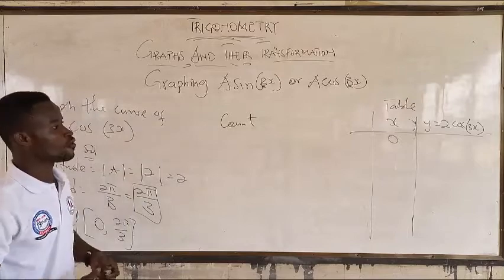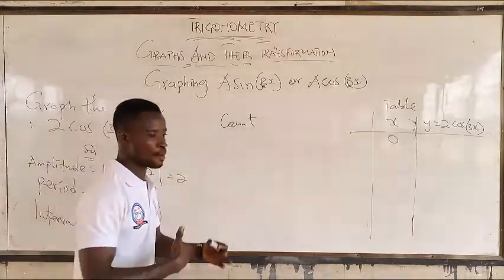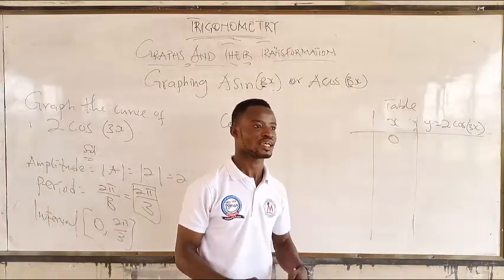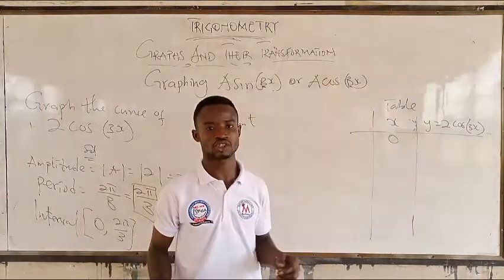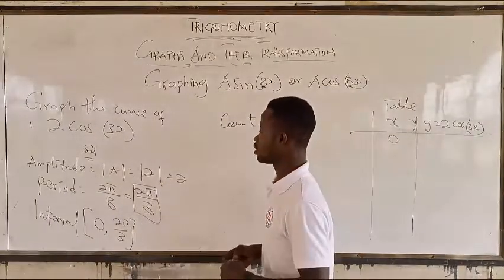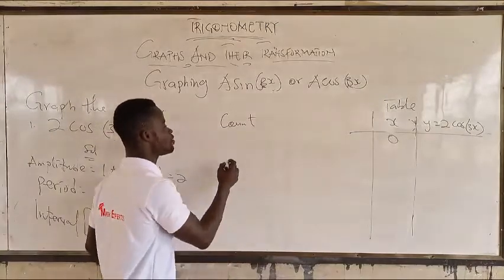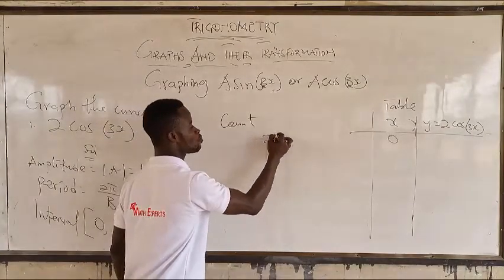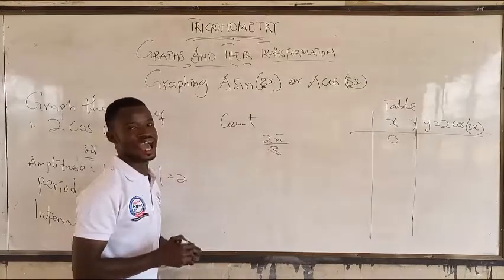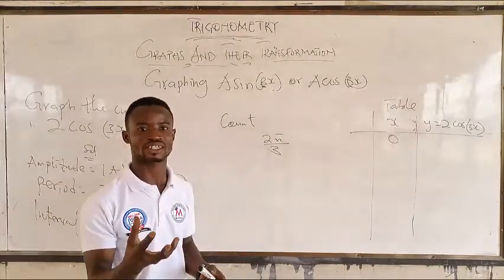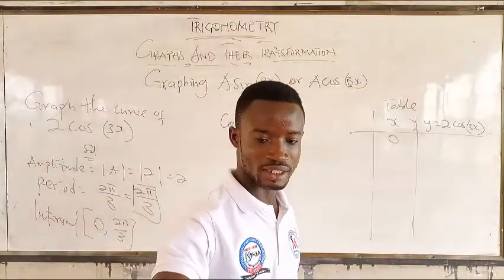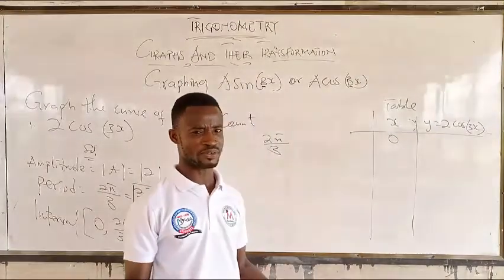All right. We are saying that a period, that is how far you want to go. So if I have a period of 2 pi over 3, and I want to divide 2 pi over 3 into 4 divisions, what do you think we have to do?